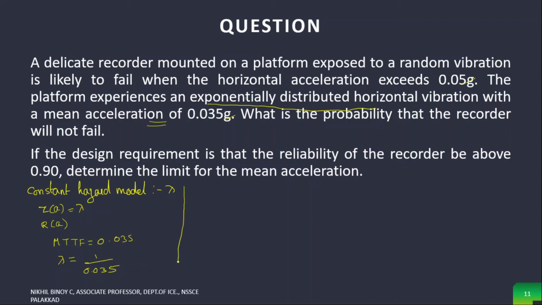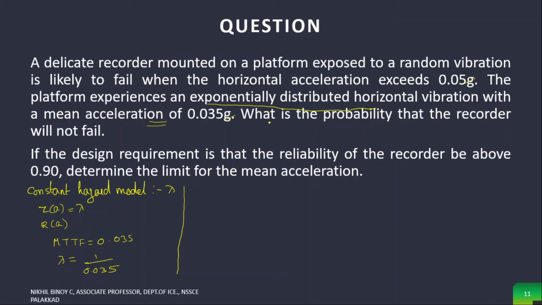Is it okay? So now what is the question? What is the probability that the recorder will not fail? Just go through the question initially. A dedicated recorder mounted on a platform exposed to a random vibration is likely to fail when the horizontal acceleration exceeds 0.05.